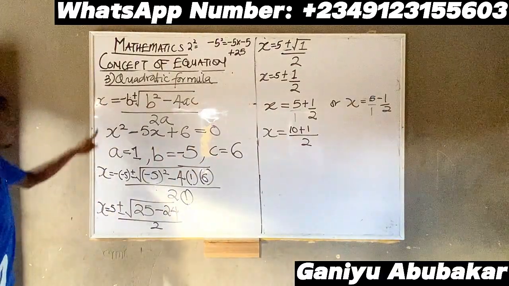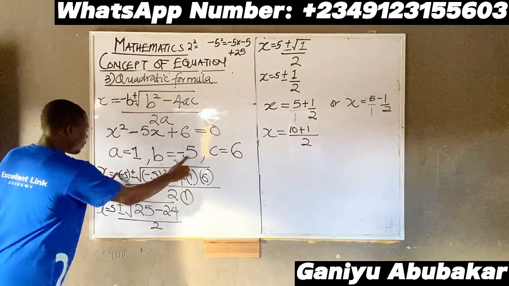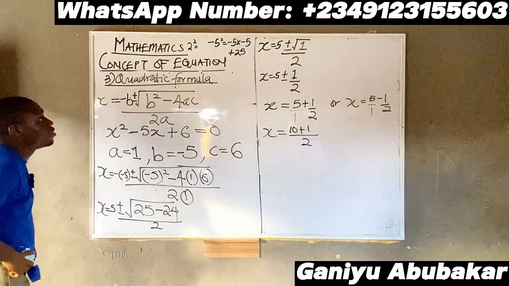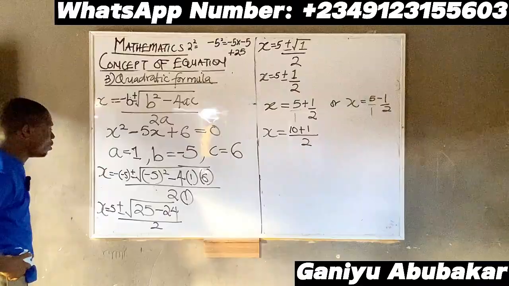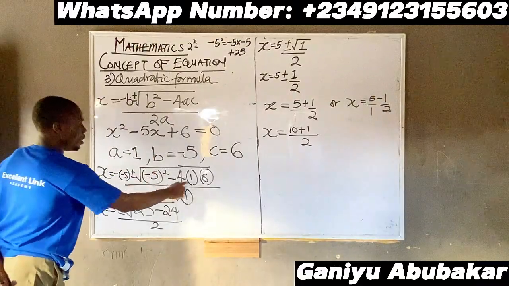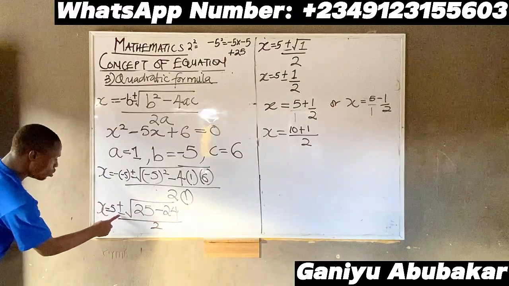So x is equal to minus B. What's B? Minus 5. Plus or minus what there? Minus 4. This gives you 5 plus or minus what?